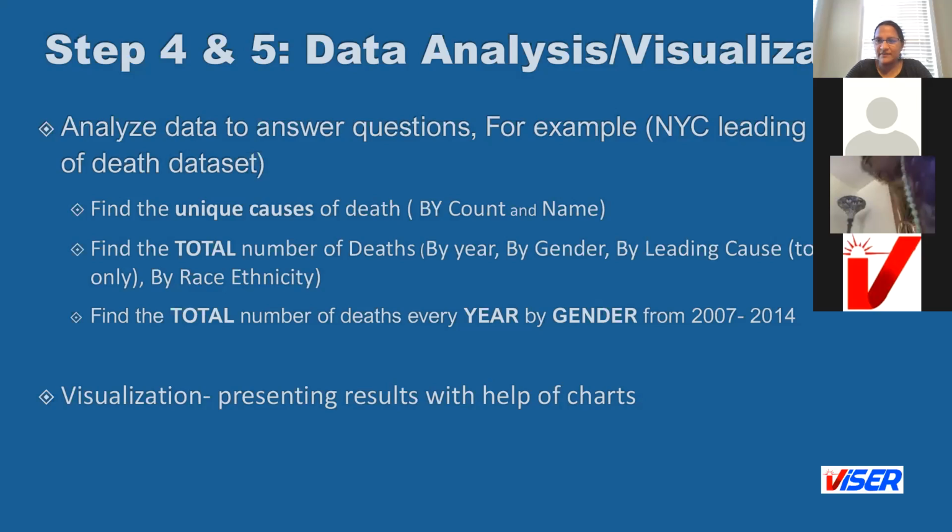And they have 7 columns: the year, the gender of the person, the leading cause of the death, the number of deaths, and the race, and then they have 3 numerical columns.